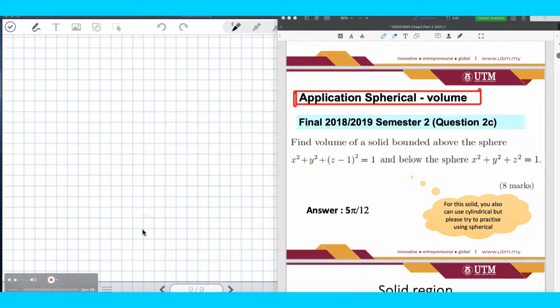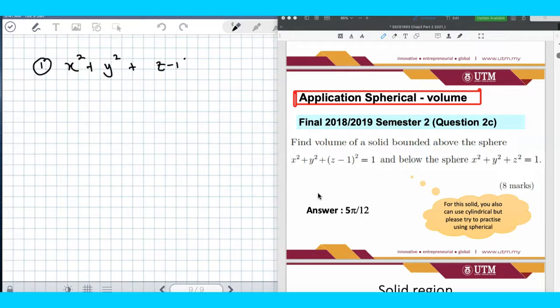The first one is a sphere that is shifted at z equal to 1, so the center now is at 0, 0, 1. The first sphere comes from the equation x squared plus y squared plus (z minus 1) squared equal to 1.